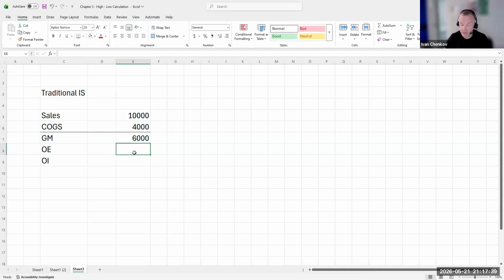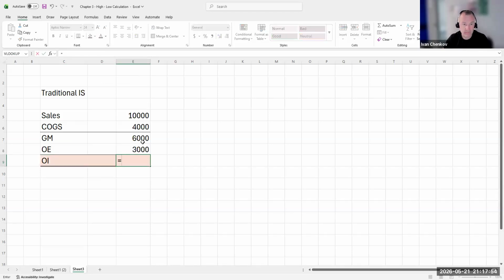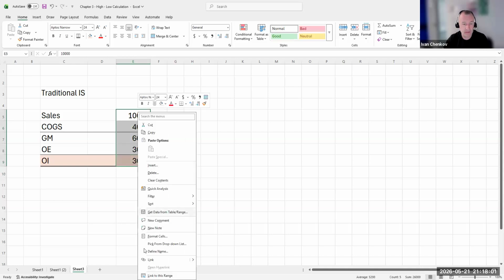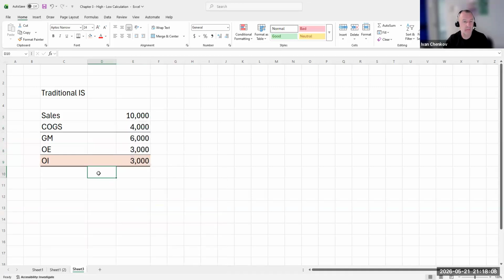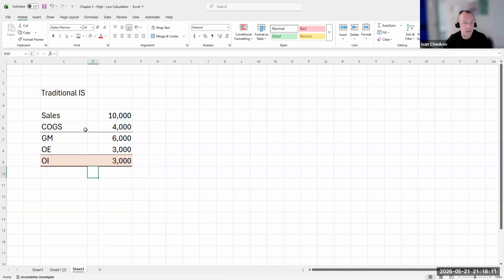Then we have operating expenses, which are 3,000, and that gives us operating income of 3,000. Operating income is this one minus that one, $3,000. The last thing I need to do is format the sales numbers, and we have our traditional income statement.